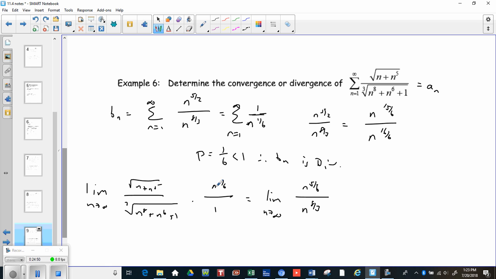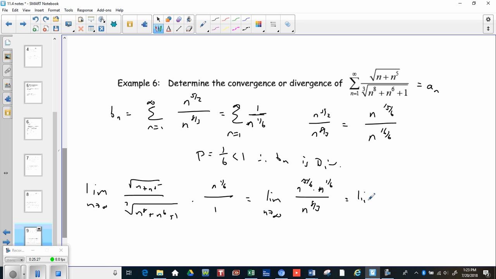This is not n to the 5/6, because this is the 5/2 power, right? So we're going to have to add 5/2 and 1/6. Let's see, 5/2 and 1/6. 5/2 is going to be the same thing in sixths as 15/6. If I'm not mistaken. Yeah, n to the 15/6 times n to the 1/6. Yeah, there we go.